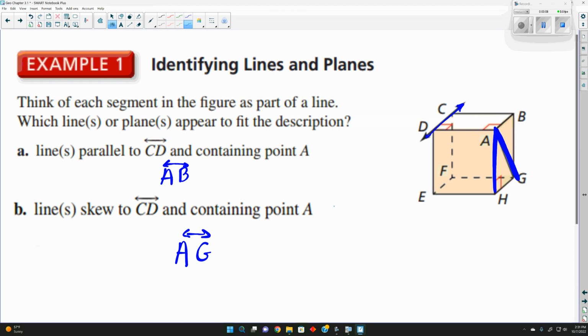HA or AH? It has to contain point A. So either one of those works, because AH is not contained in the plane and AG is not contained in the plane, and neither one of them intersects our original line. Any other questions on this here? Ready for the next one?